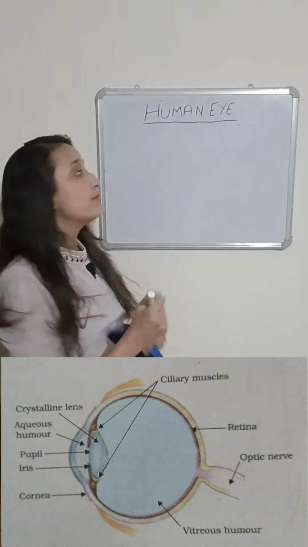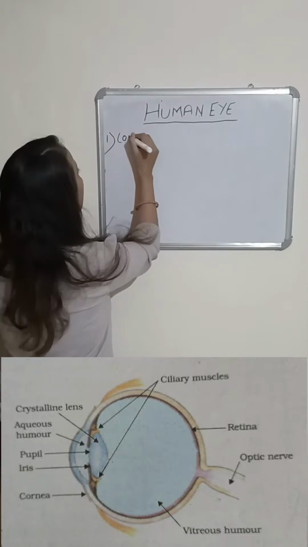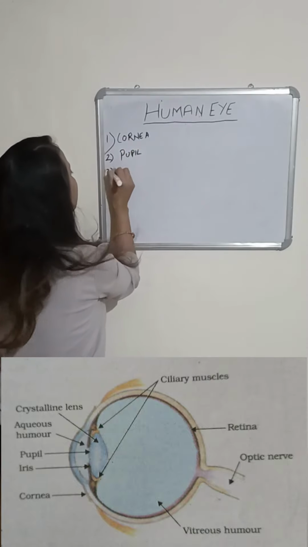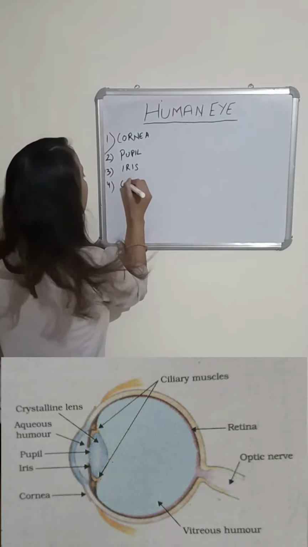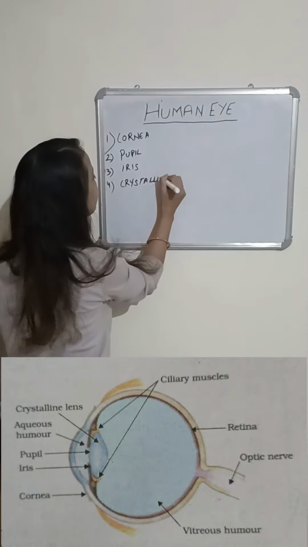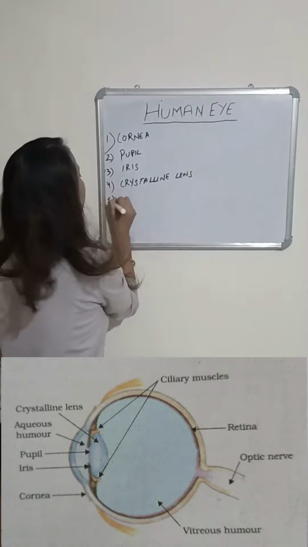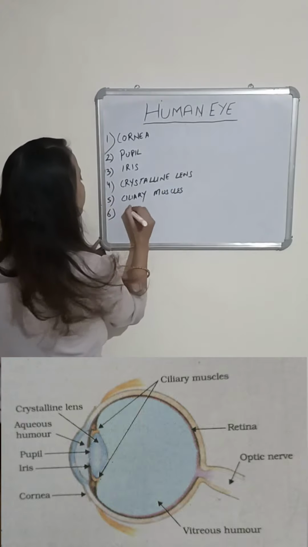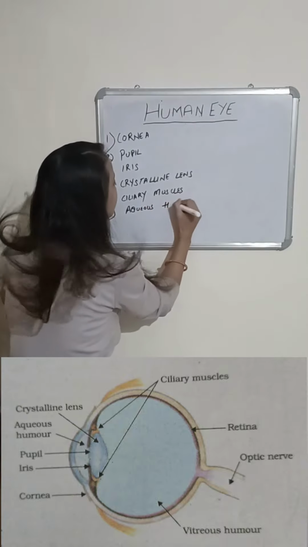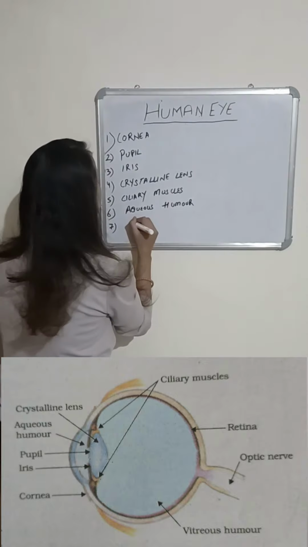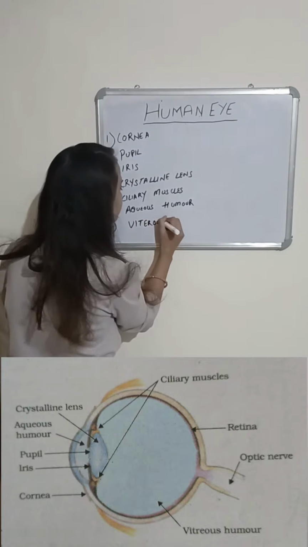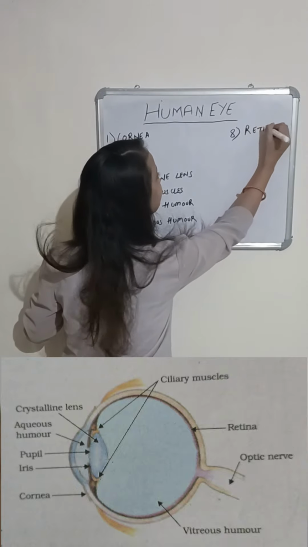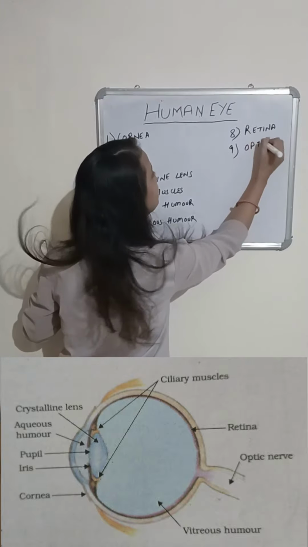Okay? The main parts of human eye are number 1, cornea, number 2, pupil, number 3, iris, number 4, crystalline lens, number 5, ciliary muscles, number 6, aqueous humor, number 7, vitreous humor, number 8, retina, and number 9, optic nerve.